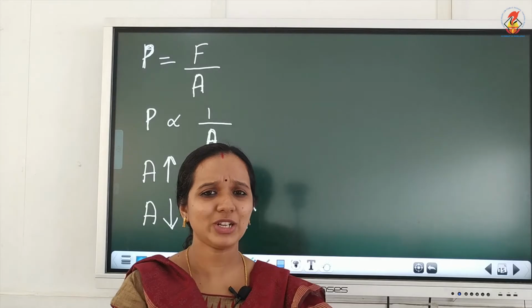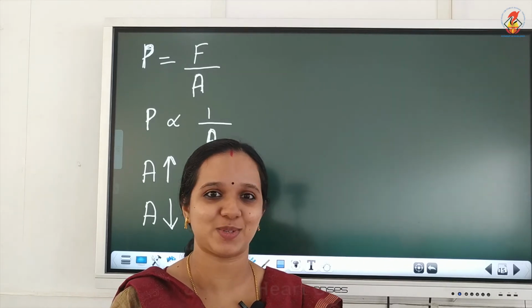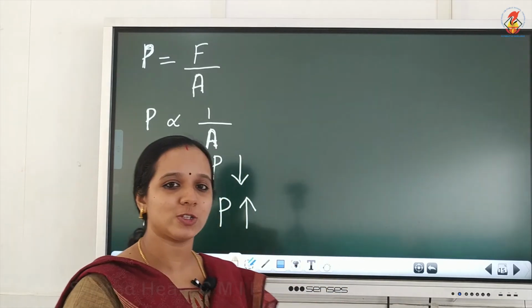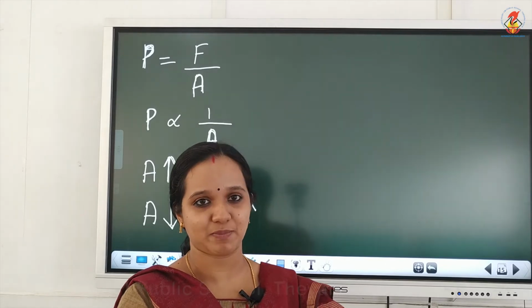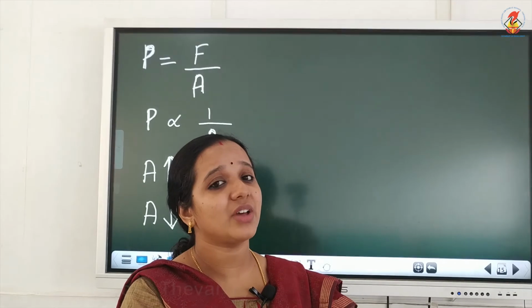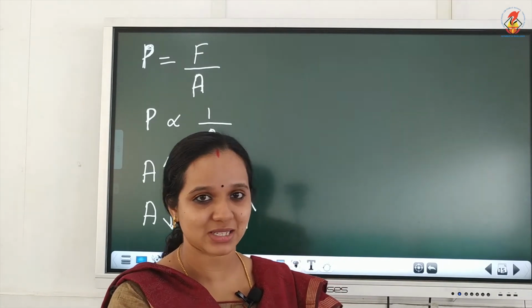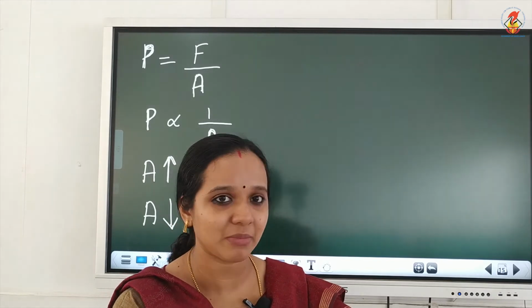Okay. Now it will be clear why the nails have pointed tips. Based on this concept, you may be able to answer why nails have pointed tips. Because of the pointed tip, area is minimized.